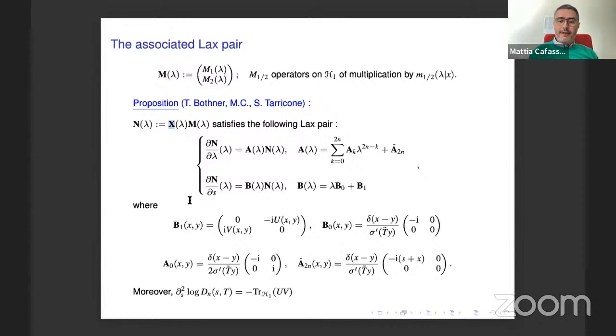Some of them are written explicitly here. Instead of writing the operators, we just wrote the kernels, so U(x,y), V(x,y), and so on.